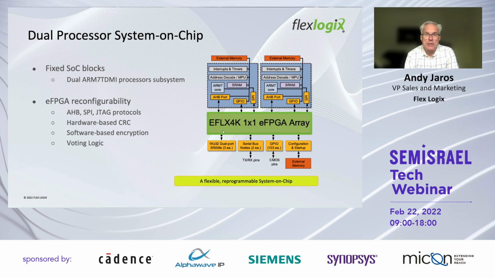With some fixed blocks, the FPGA can be reconfigured with AHB, SPIs, JTAG, or be used for hardware-based CRC or acceleration of software-based encryption. For all these use cases, we can see that the embedded FPGA is a powerful engine that's supporting the embedded processor on chip.